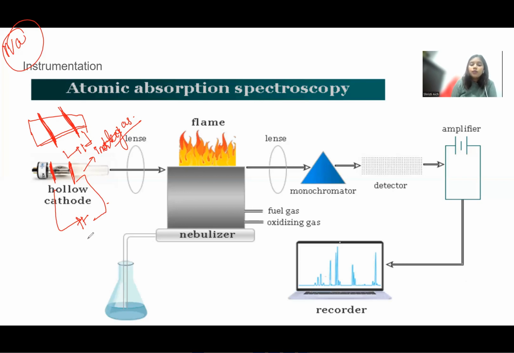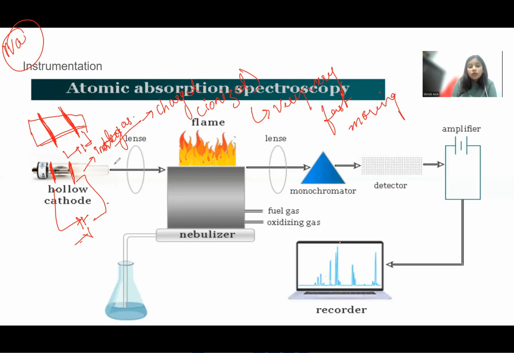Now what will happen when we apply the voltage? These molecules of inert gas will become charged, or will get ionized, and these molecules are going to be very, very fast moving.